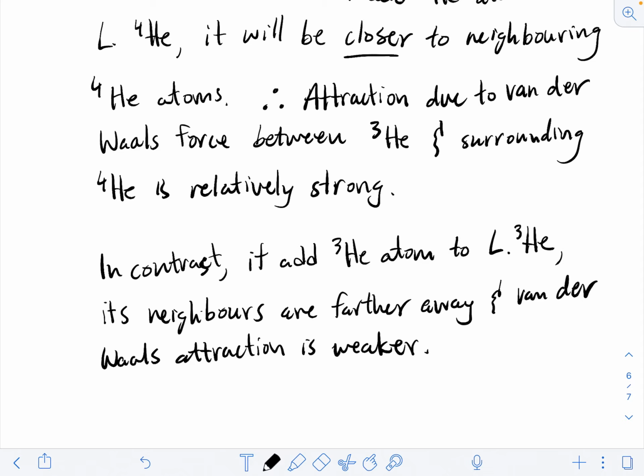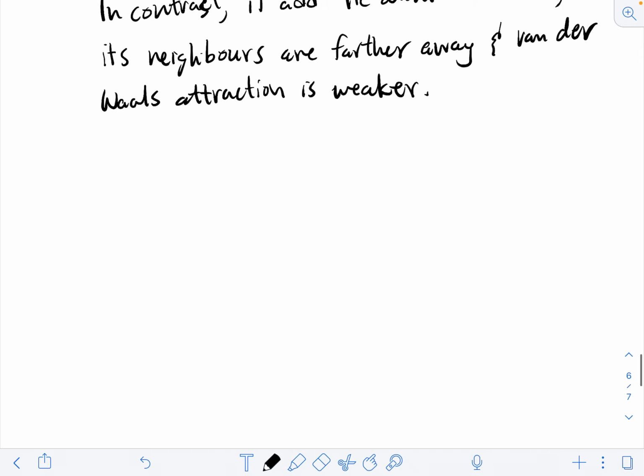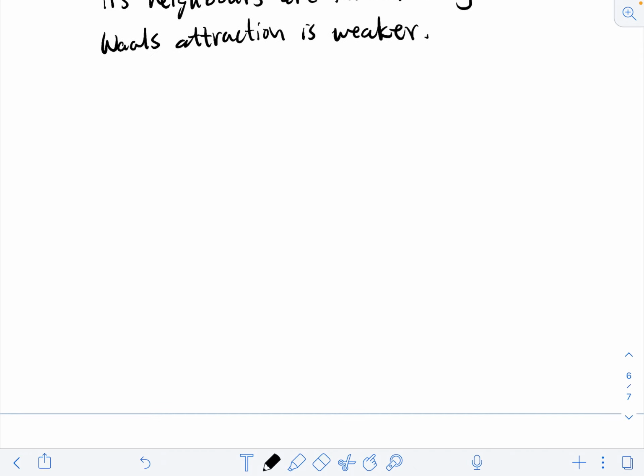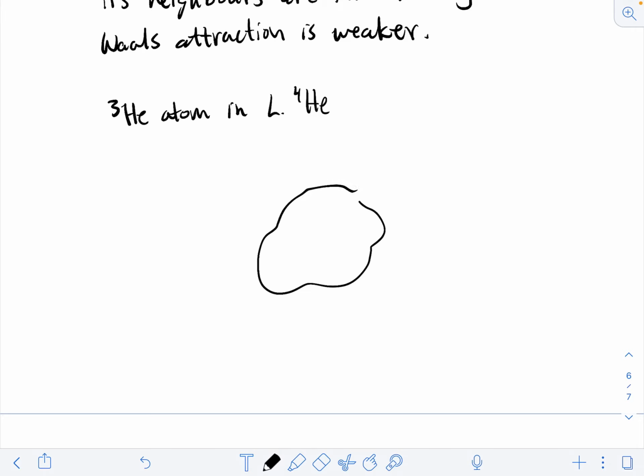I think we can try to sketch the idea. Let's start with a helium-3 atom in liquid helium-4. Let's suppose that this is our helium-3 atom.